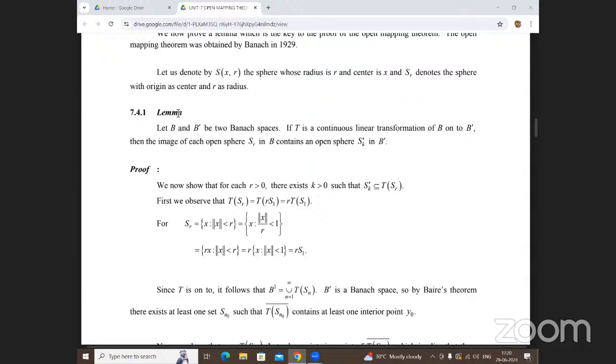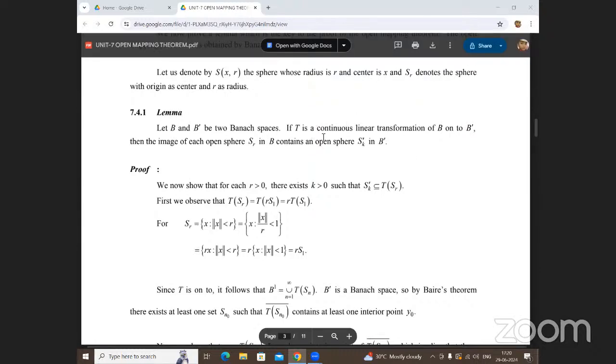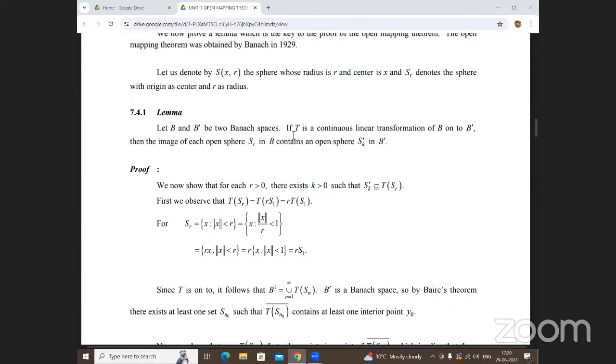Now we are taking any two Banach spaces, and the connecting map is a continuous linear transformation, denoted by capital T. Already there are so many theorems we have discussed in the previous classes that depend upon the continuous linear transformation.